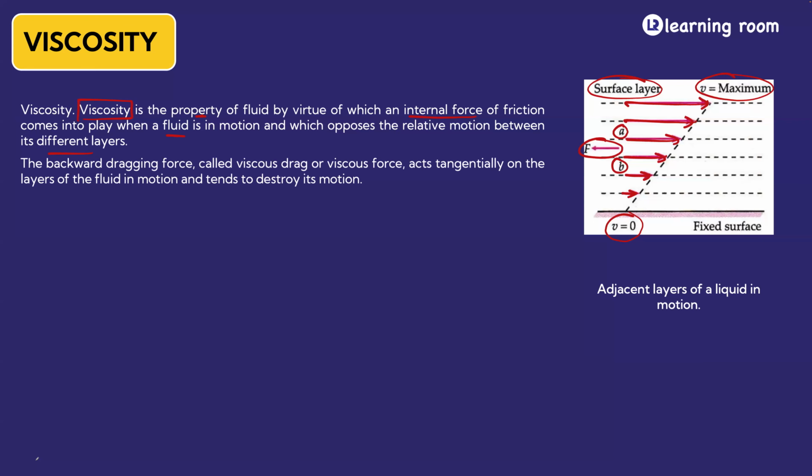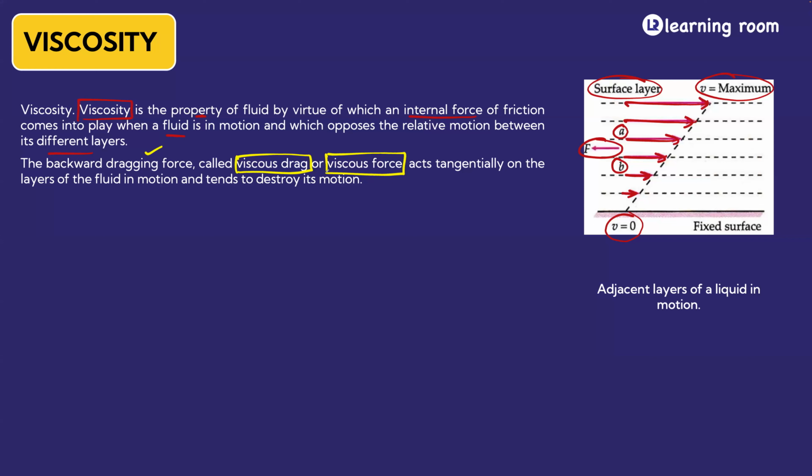See, the next question is, the backward dragging force is what is called the viscous drag, or you call it viscous force. Now, how is this going to act with respect to the surface? Backward is okay. Here I'm able to understand that the arrow marks are flat, so I can say that the viscous force is in the opposite direction.